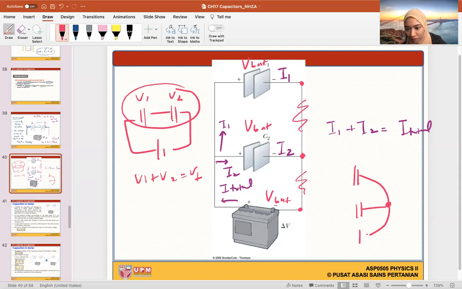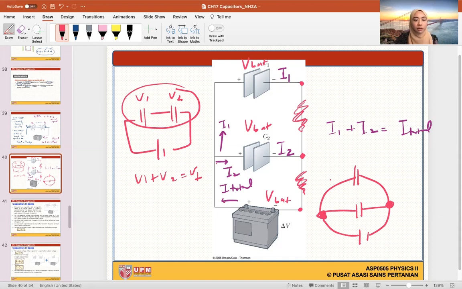This is my battery. So actually these three dots are a single dot because there is nothing in between these pink dots, which means that they are actually the same point. Okay, so this is what it means to be in parallel. They are connected by the same point.